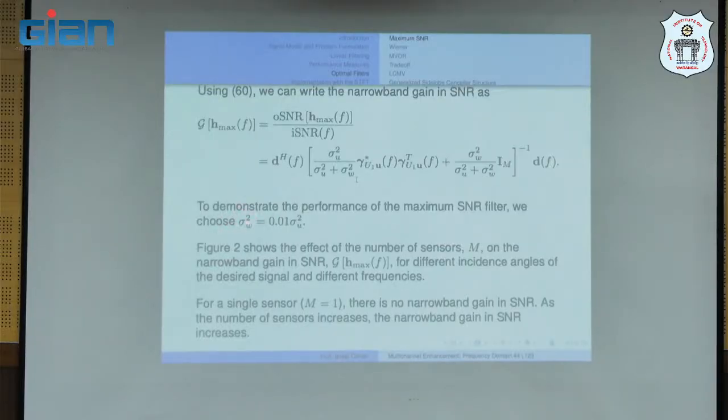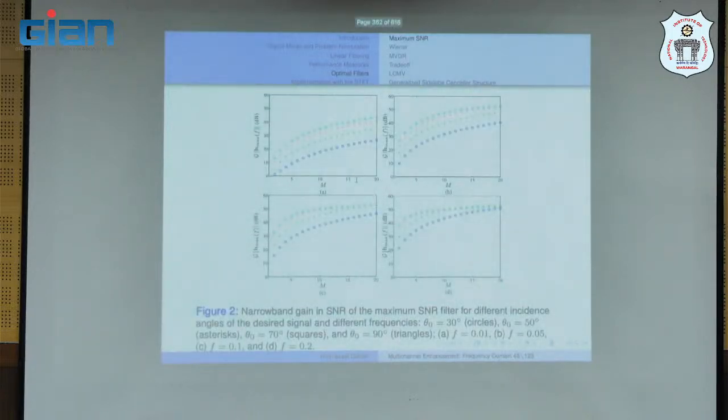In this example, I assume that the variance, or the power, of the thermal noise is 1% of the directional noise. So the directional noise is much more significant compared to the thermal noise.